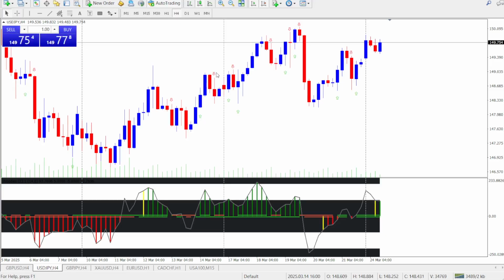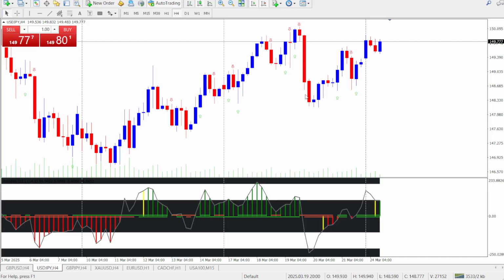And when a red arrow appears, it's a precise sell signal. So that's one of the features of this indicator. The green arrows indicate a buy signal, meaning that price is likely to move up, while the red arrows indicate a sell signal, suggesting potential downward movement.